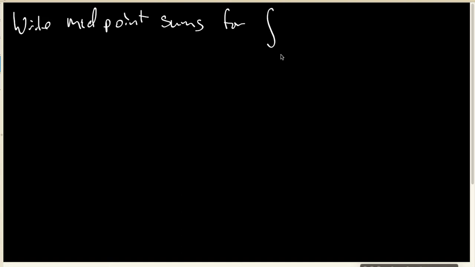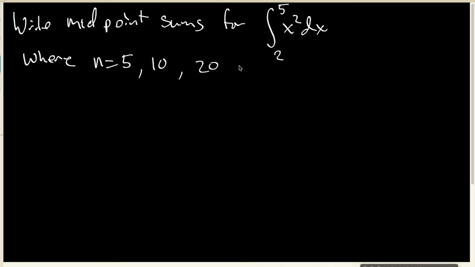So what I now want to do is write the midpoint sums for the integral between, let's make it between 2 and 5 of x squared dx, where we're going to use n equal 5, 10, and 20 middle rectangles. Middle rectangles are the ones that use midpoints for their height.